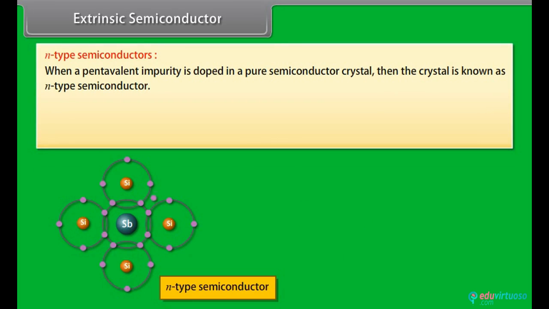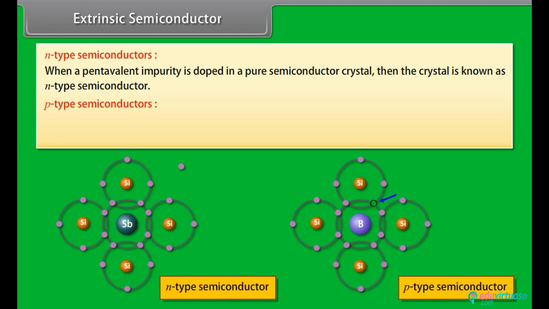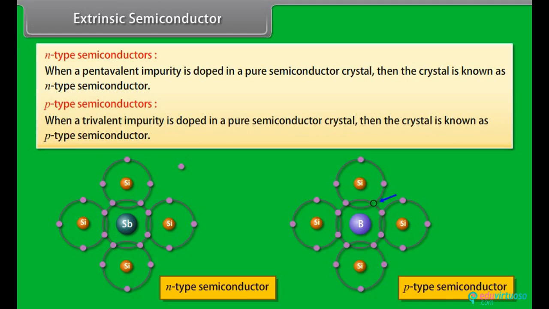When a pentavalent impurity is doped in a pure semiconductor crystal, the crystal is known as an N-type semiconductor. P-type semiconductor. When a trivalent impurity is doped in a pure semiconductor crystal, the crystal is known as a P-type semiconductor.